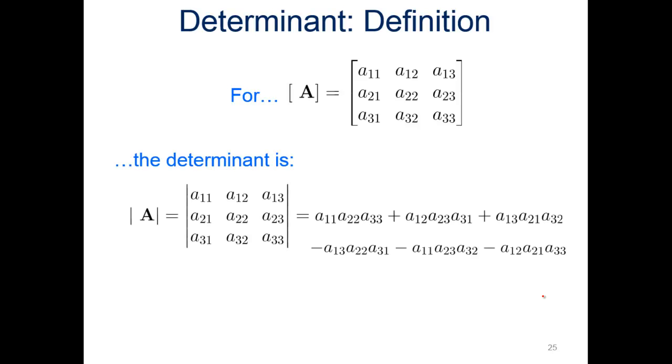The determinant is, again, straight bars around A and then straight bars around the elements there equals these values here. All right, so A11, A22, A33, so right down the diagonal, A12, A23, A31, etc., etc. So we'll talk about where this comes from and different ways we can calculate this, but that's the definition.